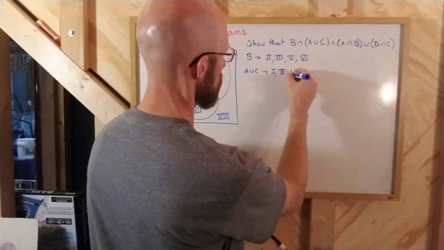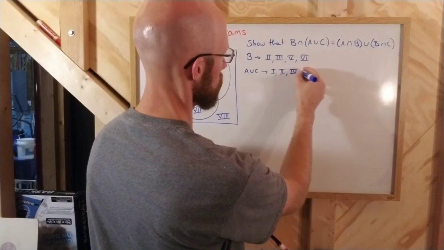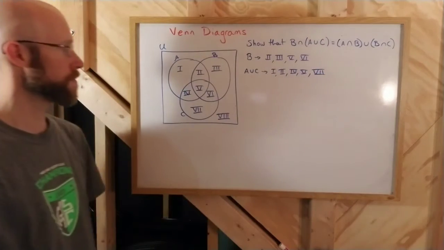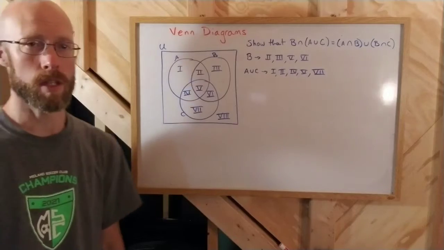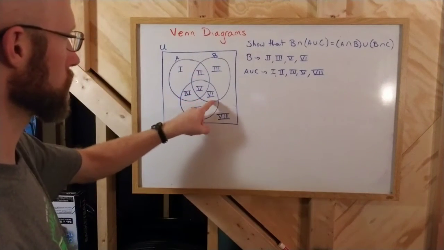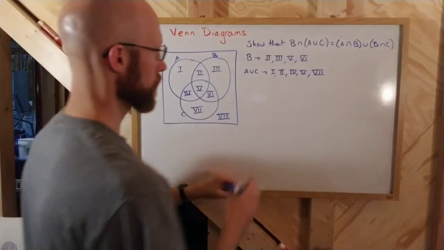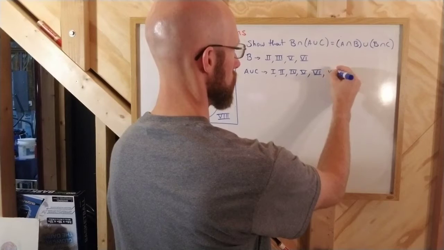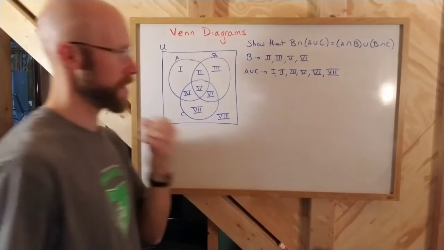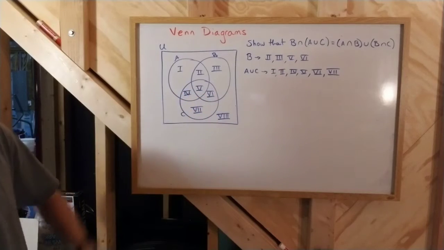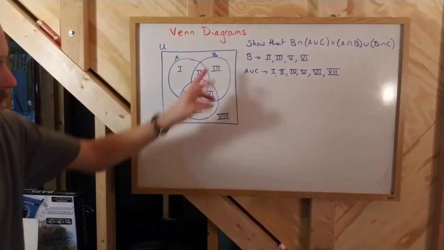Okay, those are the regions in the union of A and C. 1, 2, 4, 5. Oh, I missed 6. 6 is also in C. We'll make that one into a 6, and we'll add 7 on at the end. There we go. So 1, 2, 4, 5, 6, and 7. So only 3 and 8 are not in there.